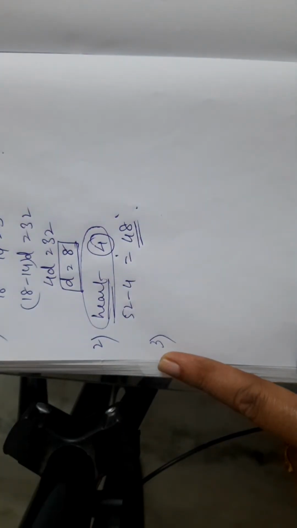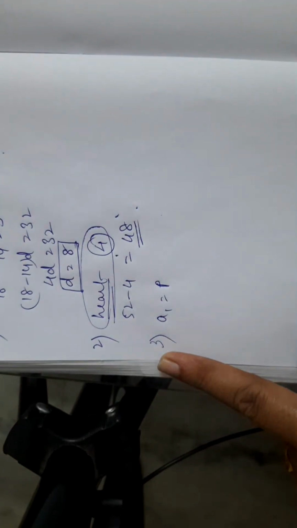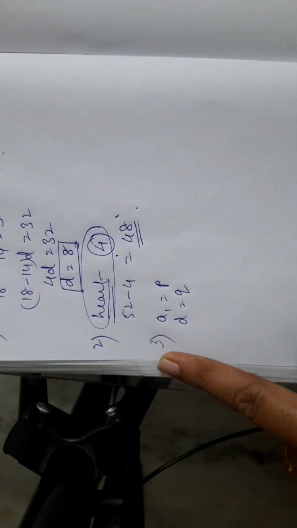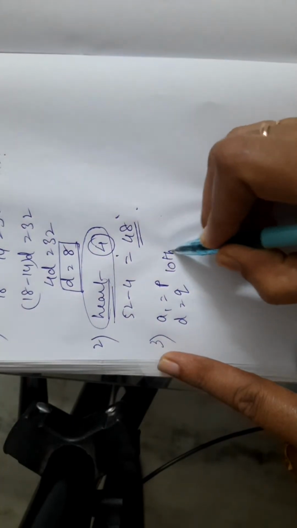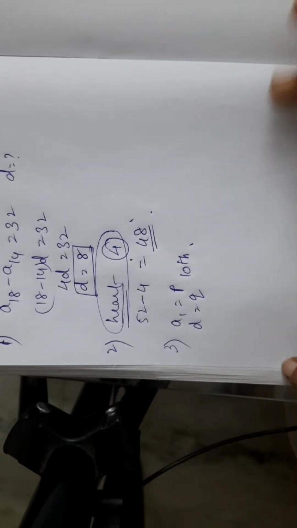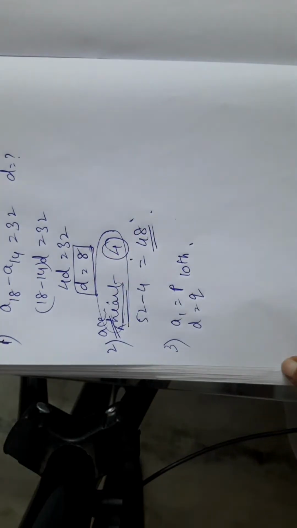Now the next question: the first term of the AP, A1, is given as P, and the common difference is given as Q. We need to find the 10th term. Will you try this on your own? Okay, one more letter was there, yeah. I wanted to see whether you would find it or not.